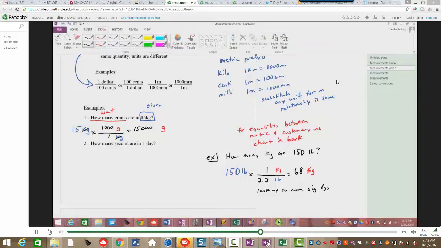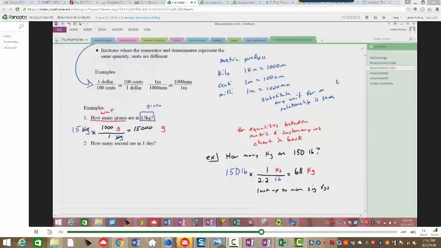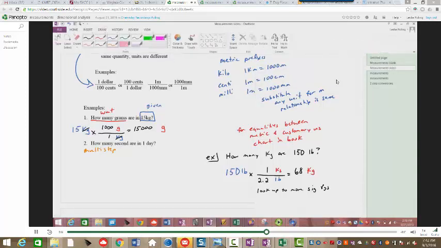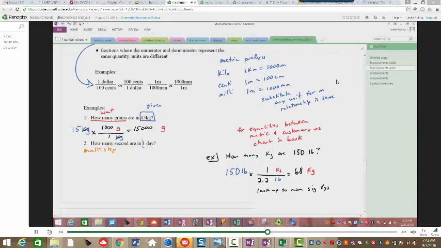Now, we could have a problem that is going to be a multi-step. So we do the same thing. We identify what's given. So we're given 1 day.